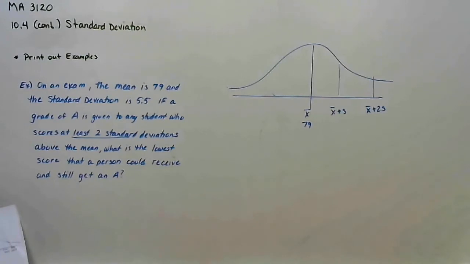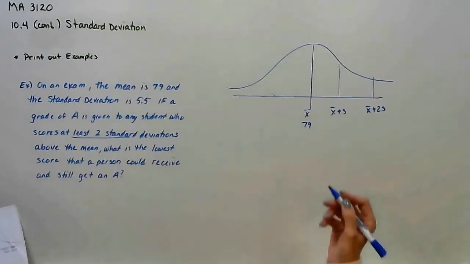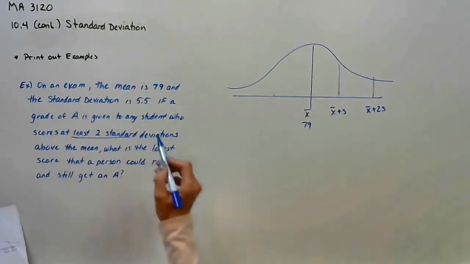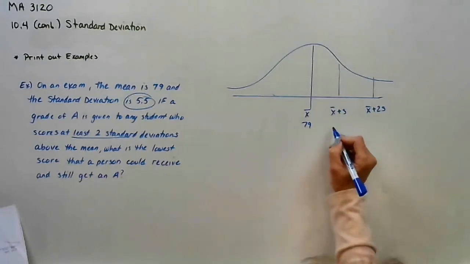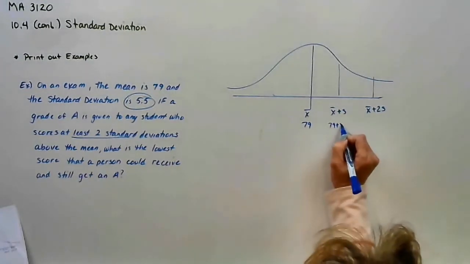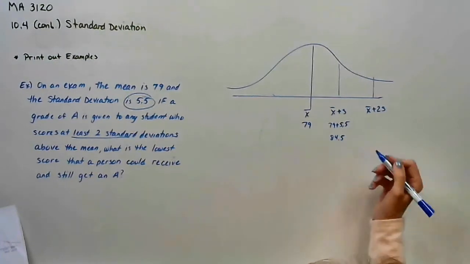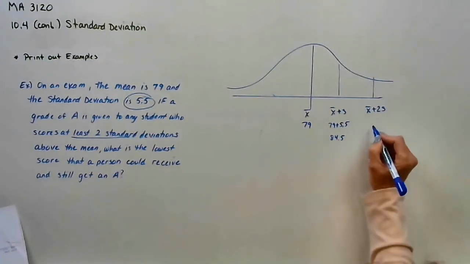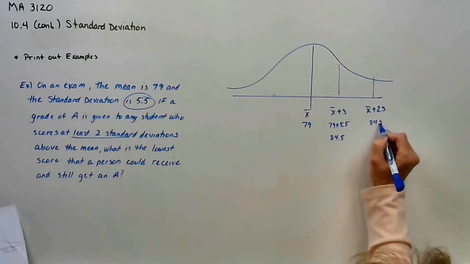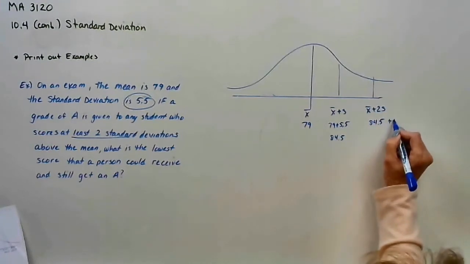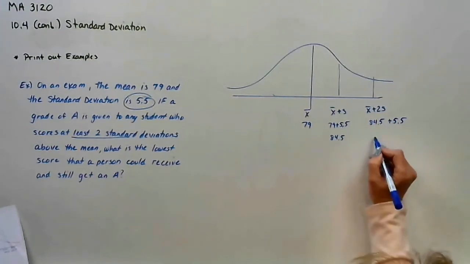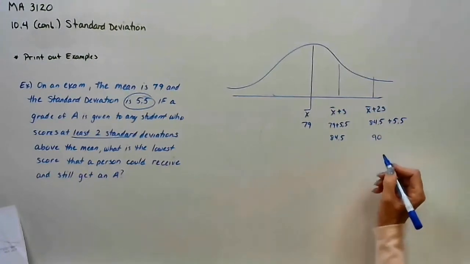Anybody who gets at least two above will get an A. So what's the lowest grade they could get and still get an A? Well, if the standard deviation is 5.5, and this is 79 plus 5.5, so this is 84.5. And then if I add a second standard deviation, so I left off with 84.5, and I add 5.5, that gives us a score of 90.